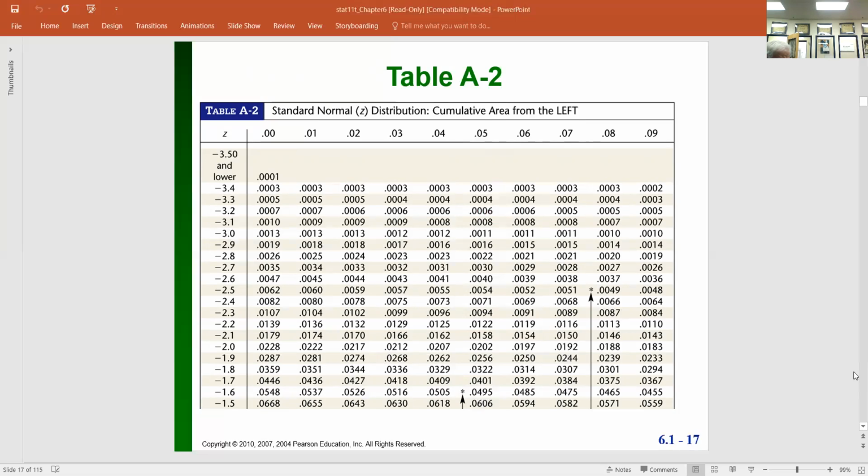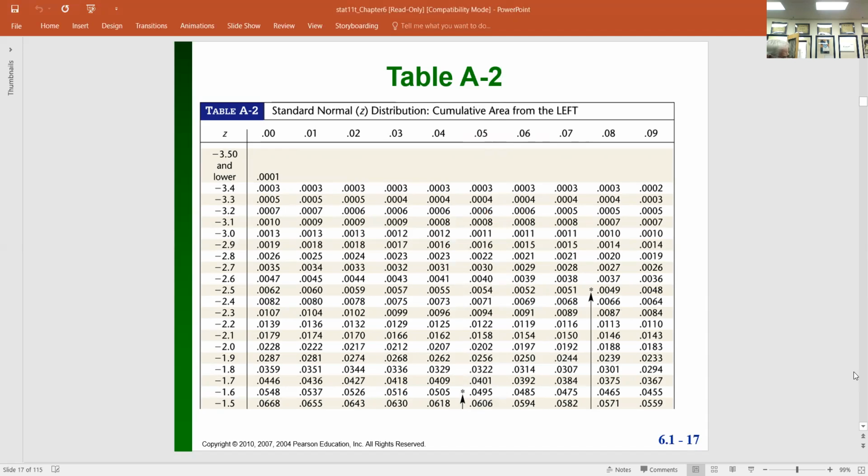So we read down table A2 to a positive 1.3, read across to the column that is 0.03, that gives us 90.82% of adults are going to be at 120 or below as an IQ.